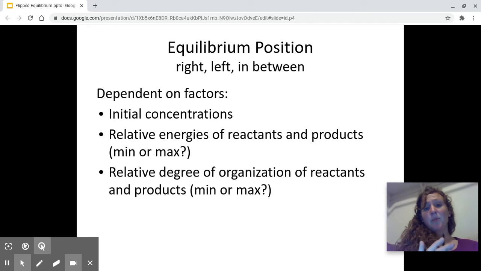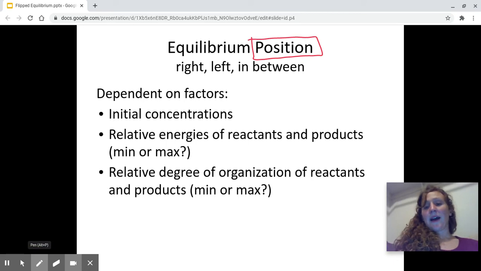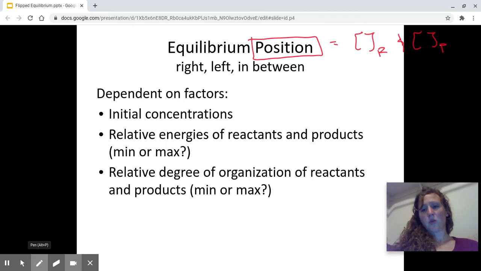Okay, so there's a couple factors that affect this equilibrium position. So when we say equilibrium positions, what that means is the concentrations of the reactants and the concentrations of the products. So this is kind of what we were getting to before.